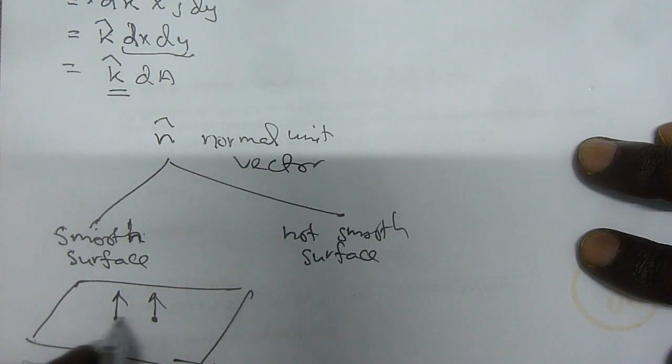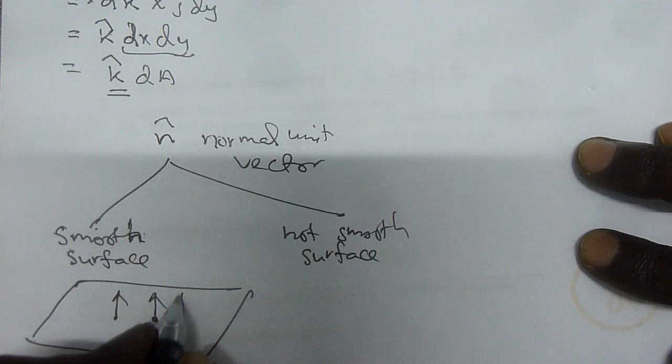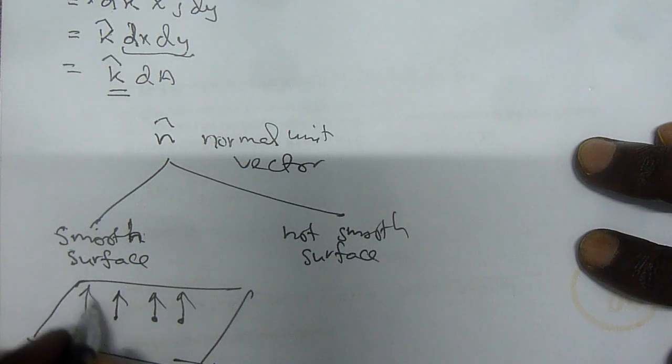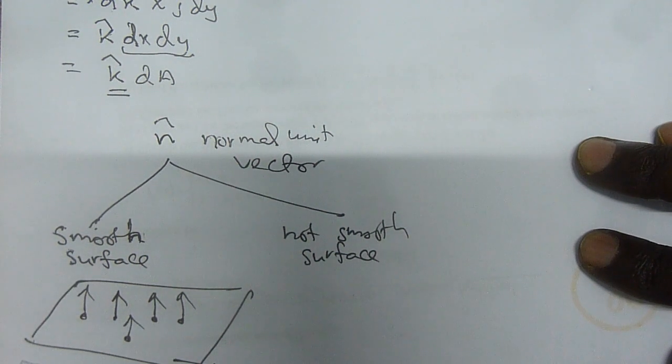The angle does not change, it's all 90 degrees, exactly 90 degrees. That means the surface is smooth, very plain, no curve or bending or something like that. It's a straight smooth. From here we can identify this is a smooth surface.